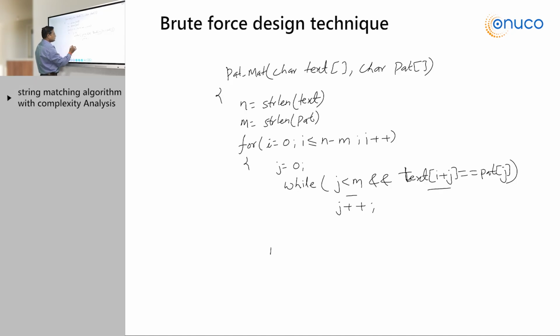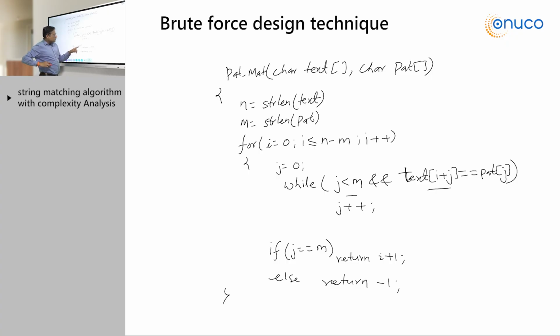And if you are getting the situation where j is equal to m, then we can say return I plus 1, else return minus 1.